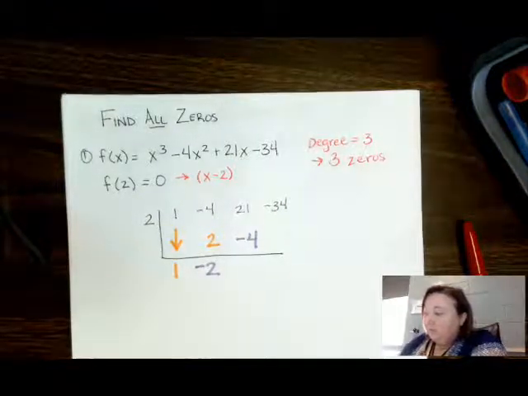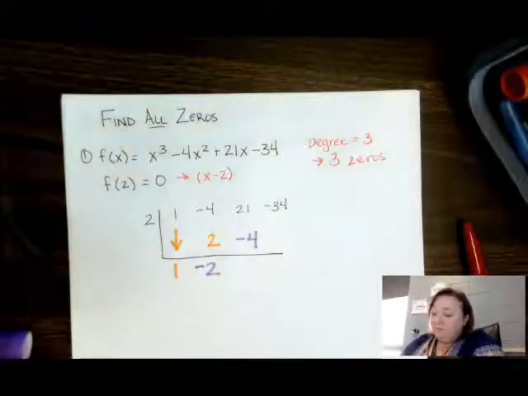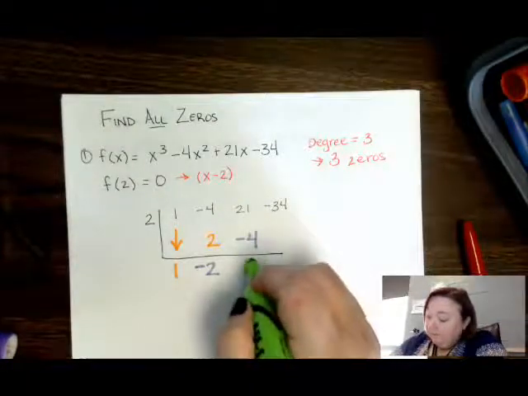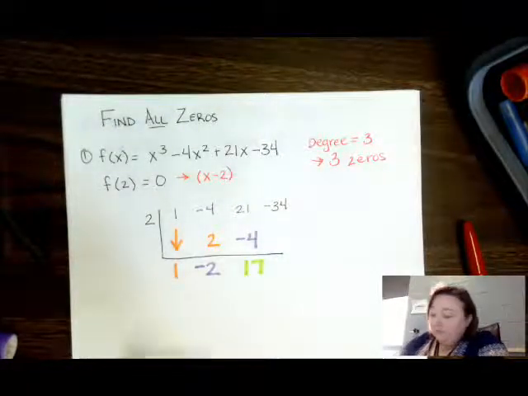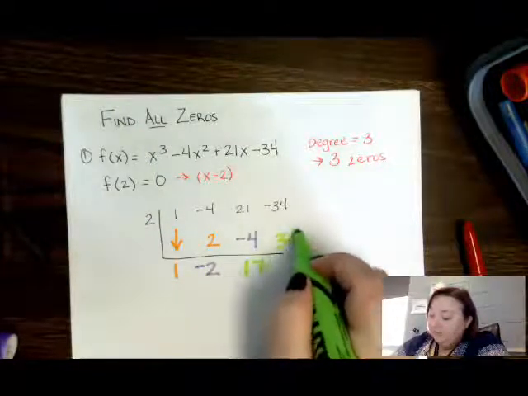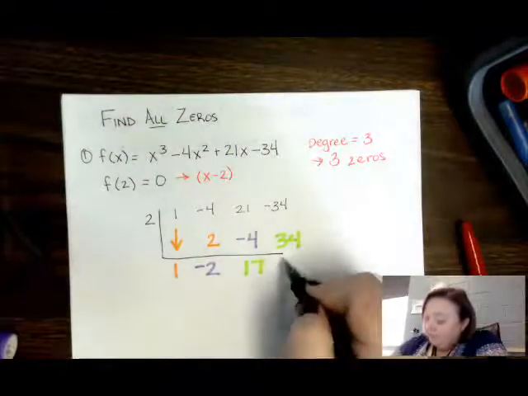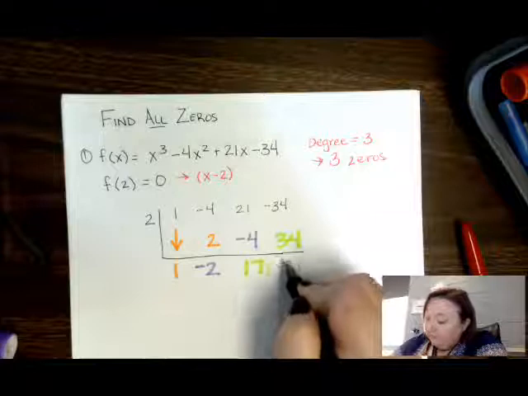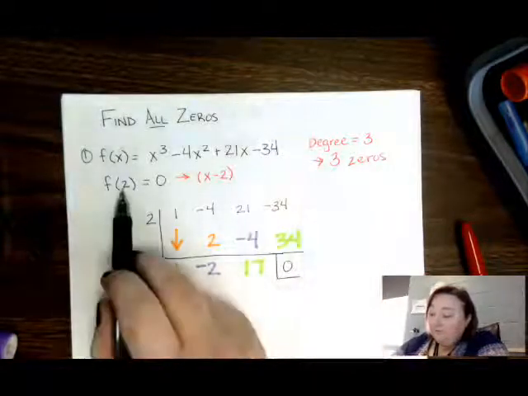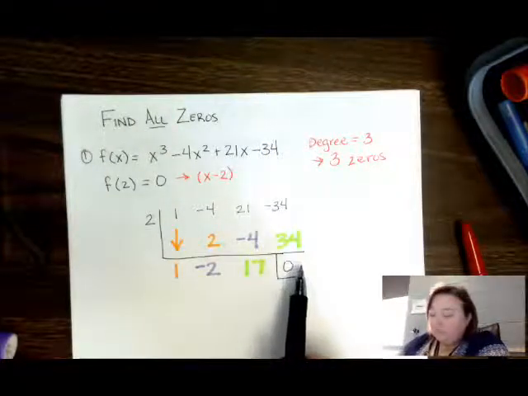And then again we add: 21 plus -4 is 17. Again we multiply: 2 times 17 is 34. And then again we add and we get 0, which makes sense. That's our remainder. And if f of 2 equals 0, then our remainder should be 0. And that's what we got.